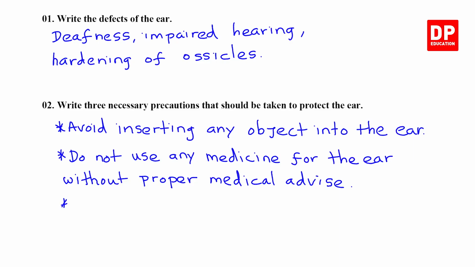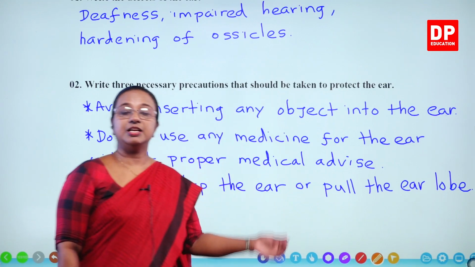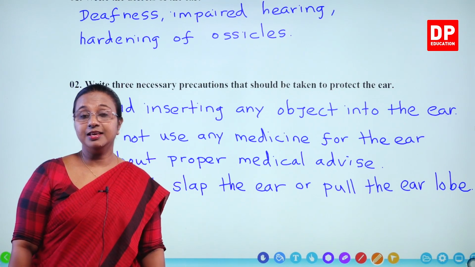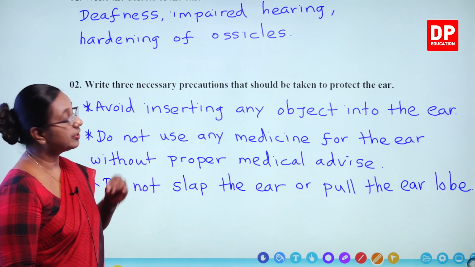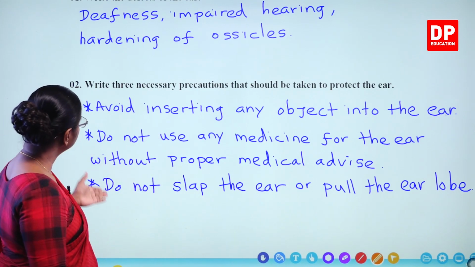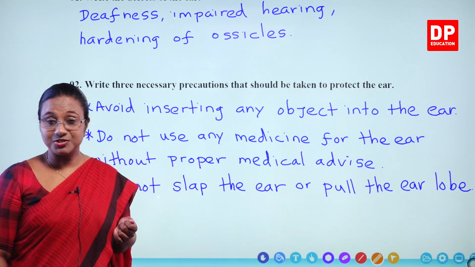And also do not slap the ear or pull the earlobe. So like this, you can write any 3 precautions that you should take to protect the ear. So I am sure you were also able to write these, and you can write any other precautionary measure as well.